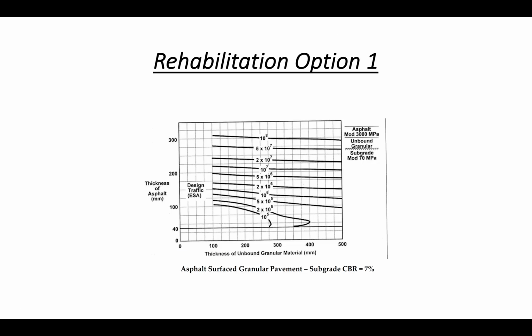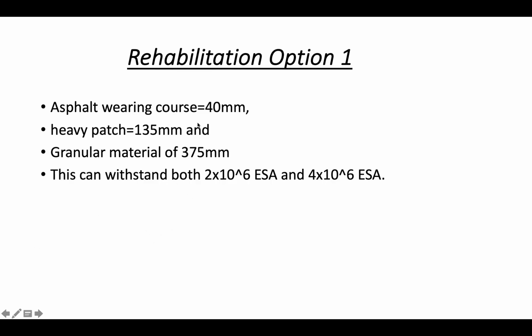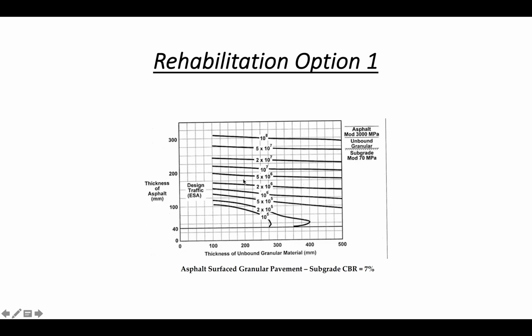So coming down to rehabilitation option 1, we're proposing unbound granular with asphalt. The option is 40 mil heavy patch 135 and granular material. So granular material is 375, which is around about here, and also the asphalt is 175, which is around about here.